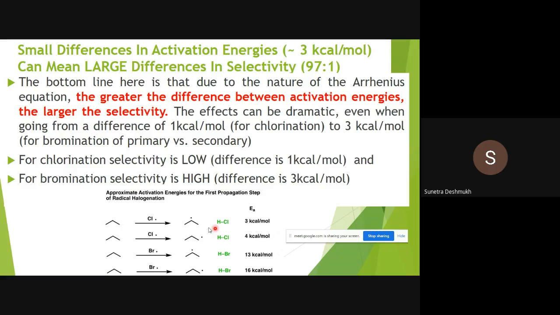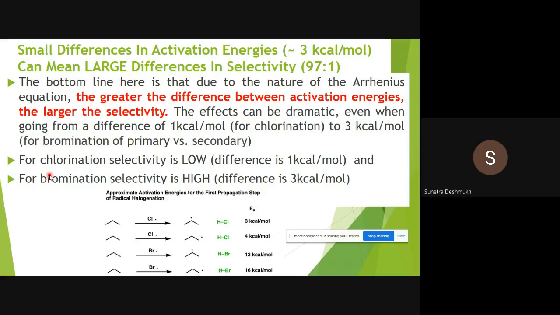So that's why the selectivity of the free radical chlorination reaction is less, and the difference in energy of activation is more in the propagation K step, the CH bond breaking step, at 3 kilocalorie per mole. As the difference in energy of activation is higher, 3 kilocalorie per mole, the rate of formation of the secondary alkyl bromide is higher.